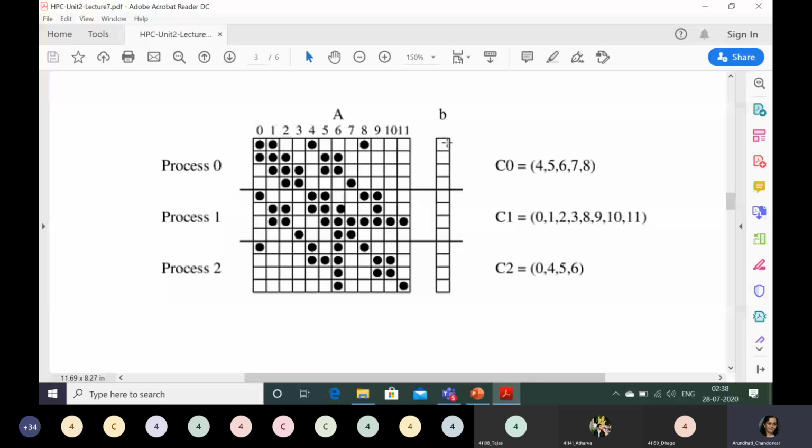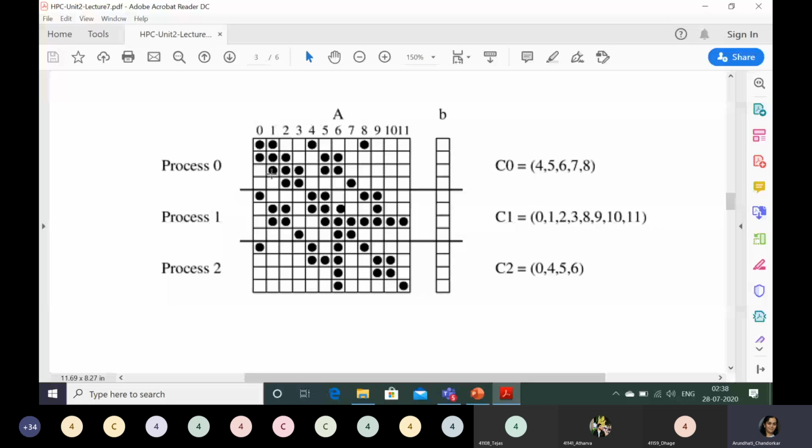So now the only difference is that the tasks are obviously there, and we have processes P0, P1, P2. So we are using three processes, and the whole 12 tasks we are managing with three processes. So how many tasks or rows per process? It is 4, is it?